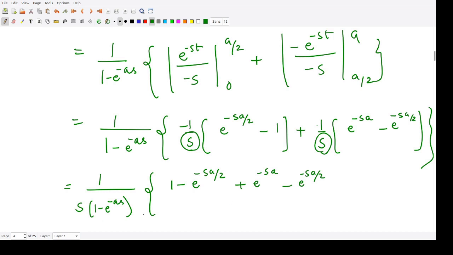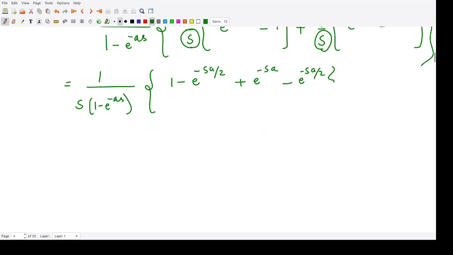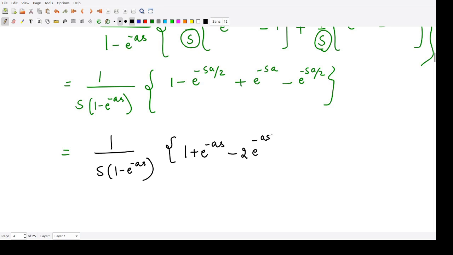So finally the answer here would be 1 divided by s into 1 minus e to the power minus as, and then 1 plus e to the power minus as minus 2 e to the power minus as by 2. So this is the final answer, and this is how you calculate the Laplace transform of the given periodic function.